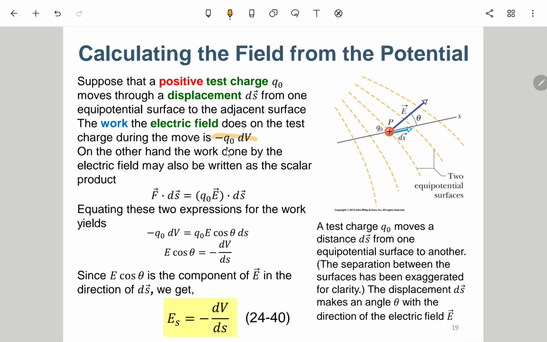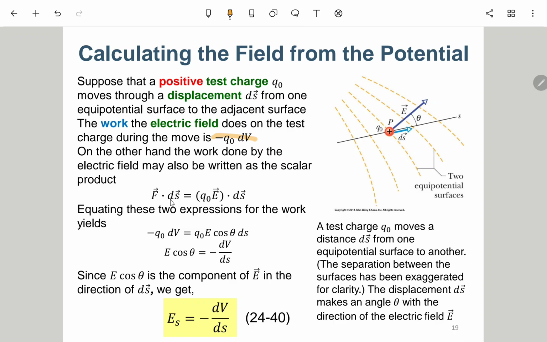If we consider the E field or the potential, on the other hand, we can also consider the work done in a mechanical sense. From the mechanics point of view, the work done is F dot ds.